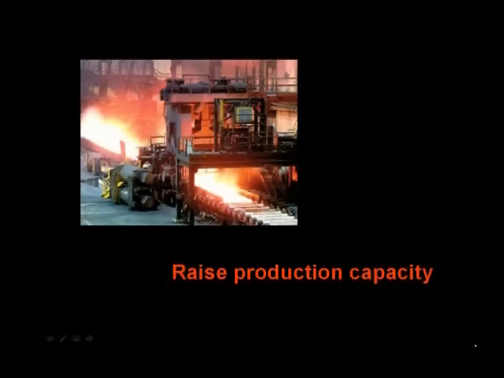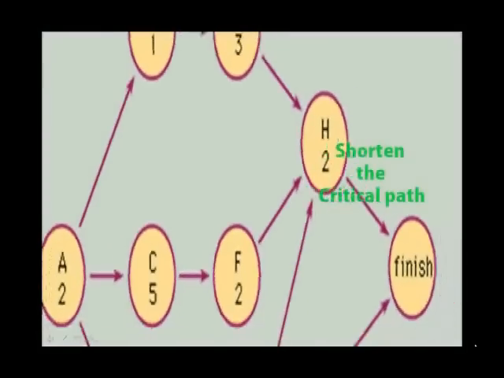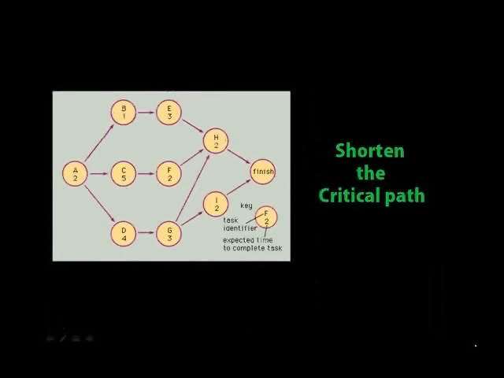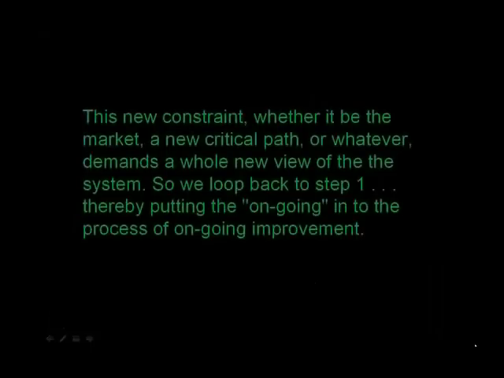Or in a project, you may find a way to shorten the critical path of tasks to the point that it no longer defines how soon the project can get done. This constraint, whether it is the market, a new critical path, or whatever, demands a whole new view of the system. So we look back to step 1, thereby putting the ongoing into the process of ongoing improvement.